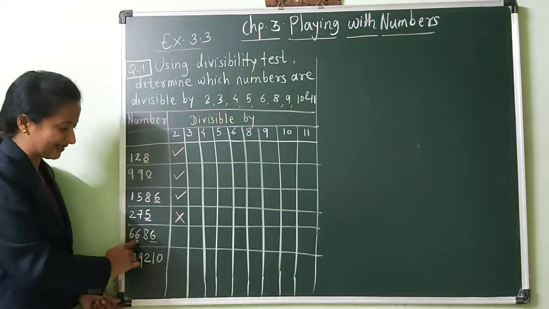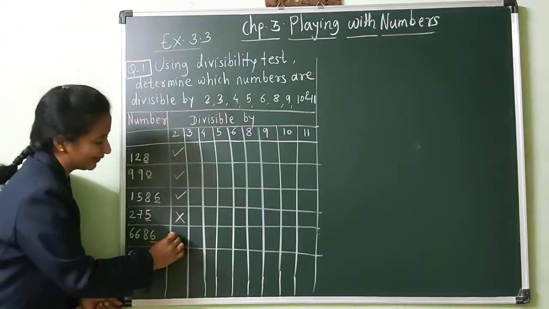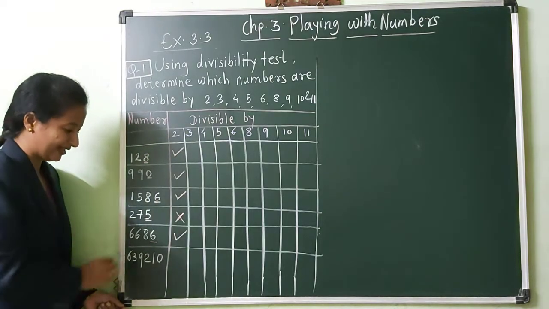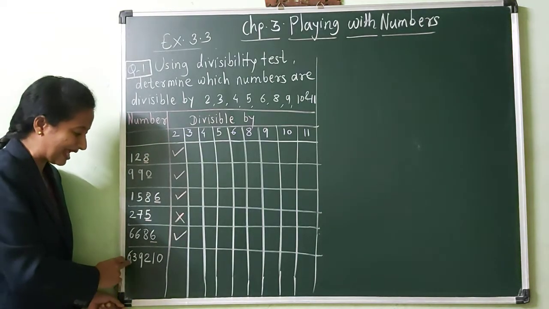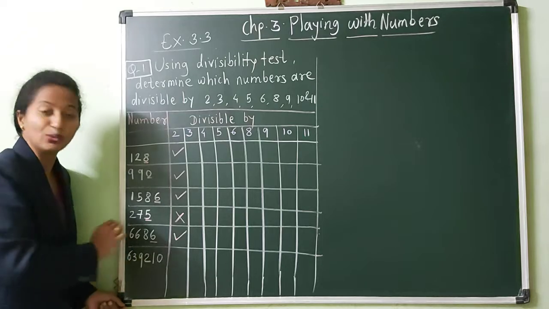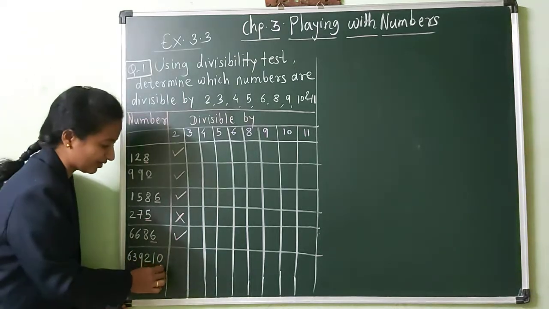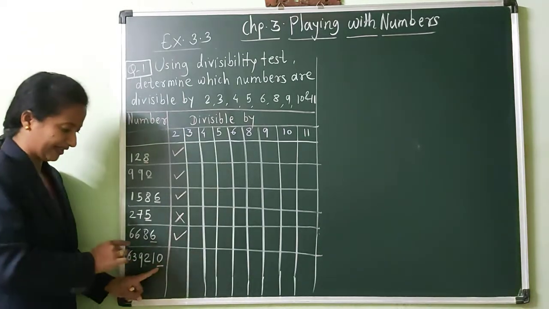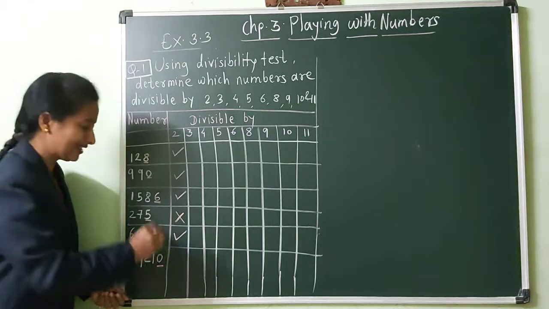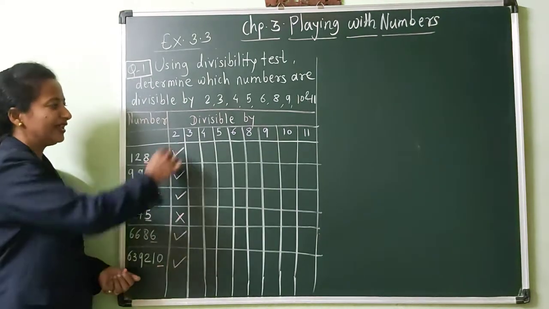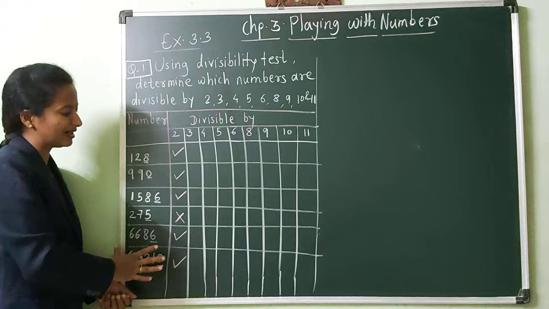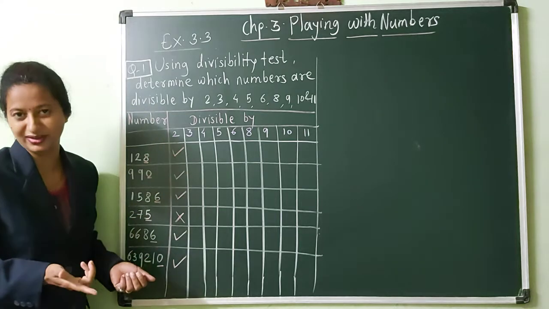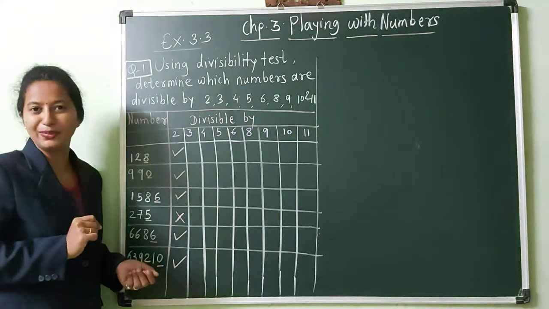So 6686 is also divisible by 2. Then the next number, 639210. You just have to focus on the ones place digit. Here it is 0, so this number is divisible by 2. In this way we have checked whether the given numbers are divisible by 2 or not by a simple rule.